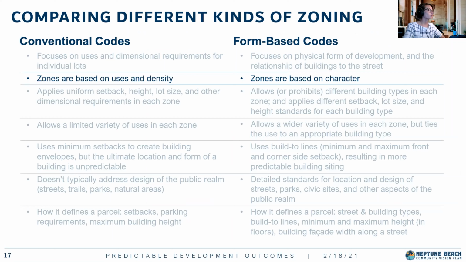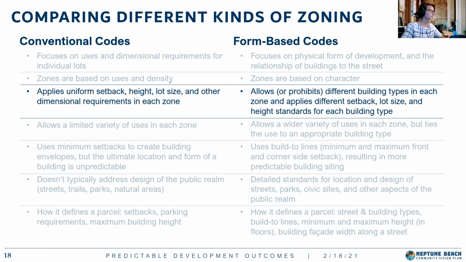The zones in conventional codes are based on uses and density, whereas the zones in form-based codes are based on character. So instead of a single family neighborhood, it could be a traditional neighborhood. Or instead of a central business district, it may be a downtown. But you're really focusing on the type of character of the community that you want to build, as opposed to the allowable uses in that area.